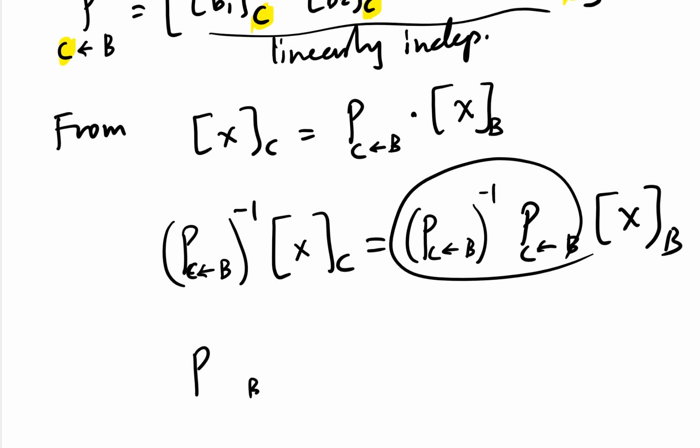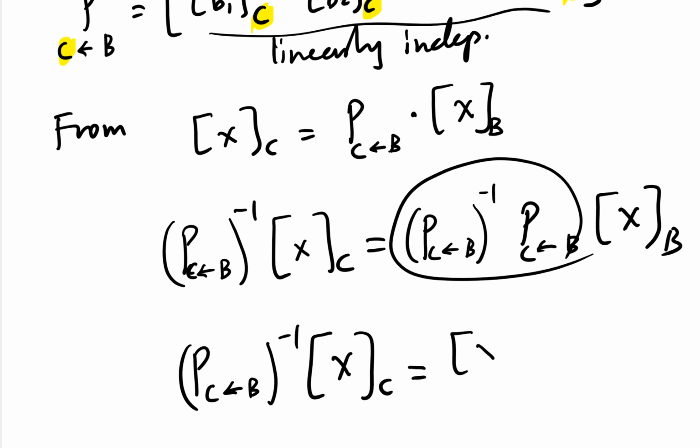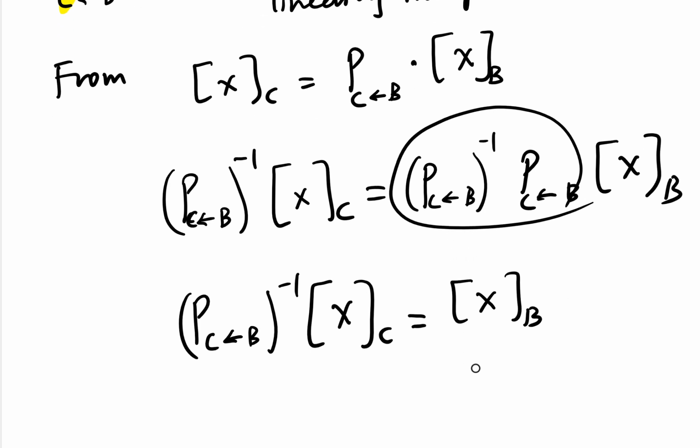So that gives us B to C, the inverse, times X in the basis C is X in the basis B. So we can conclude that the inverse from B to C is the same as from C to B.